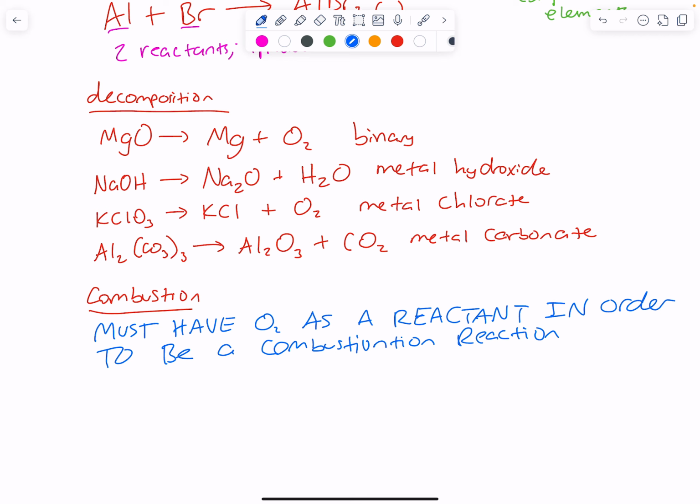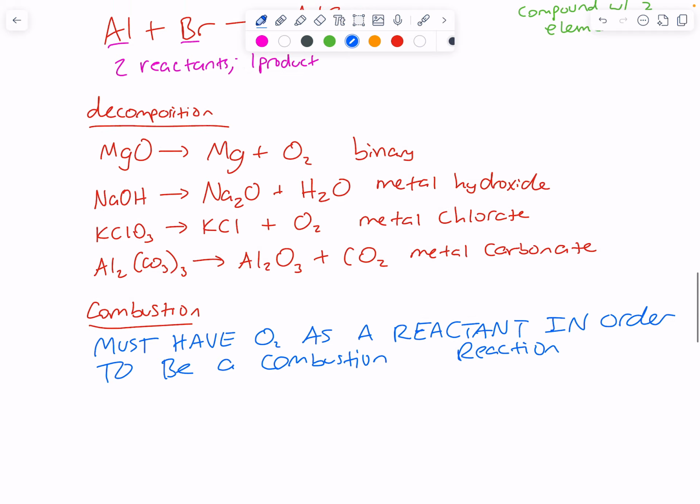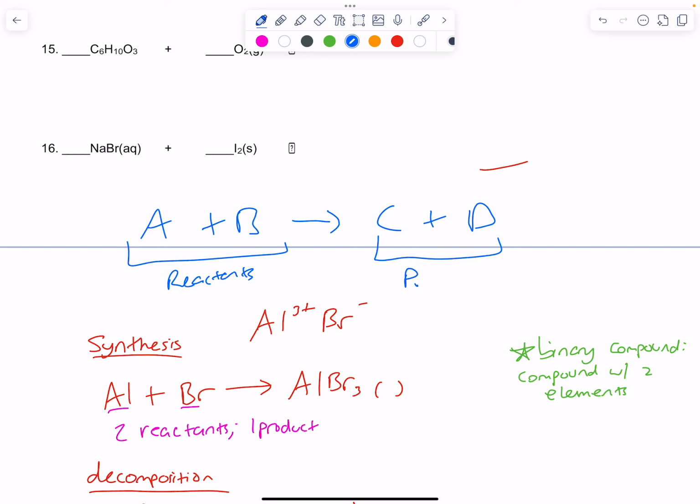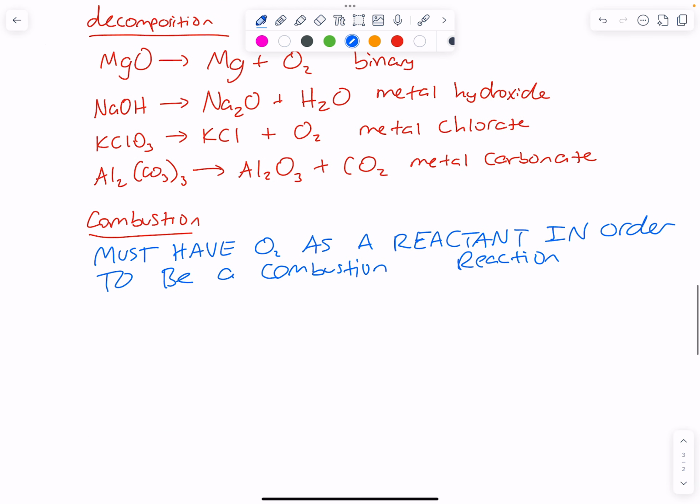Easy. Again, if I have A plus B yields C and D, I'm making this up, these on the left are my reactants, and these on the right are my products. Please don't mix that up. So O2 must be a reactant in order for it to be considered combustion.